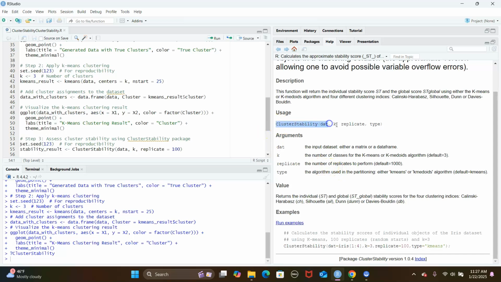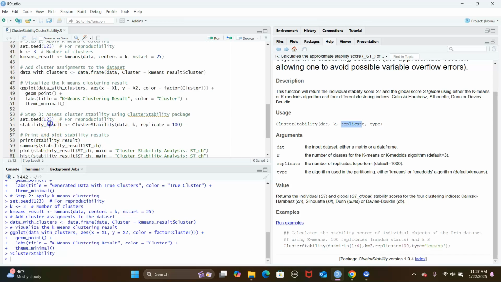You have the data, the number of classes, and then replicate is the number of replicates to perform. Default is 1,000, and type is the algorithm used in the partitioning, either k-means or k-medoids algorithm. Okay, the default is k-means. So it's relatively simple, but it's really for k-means clustering.